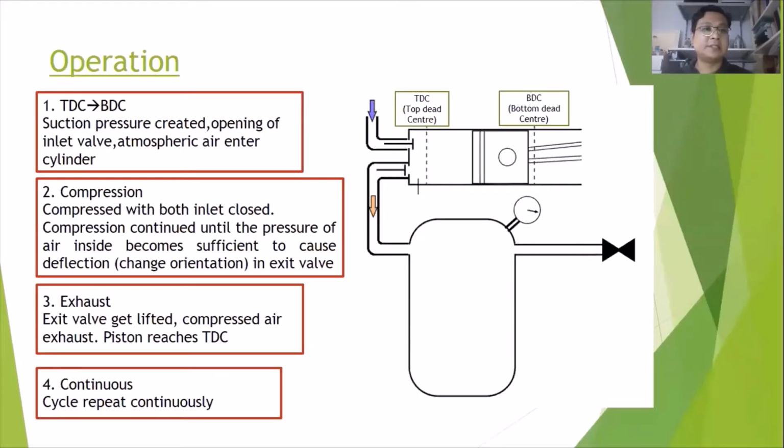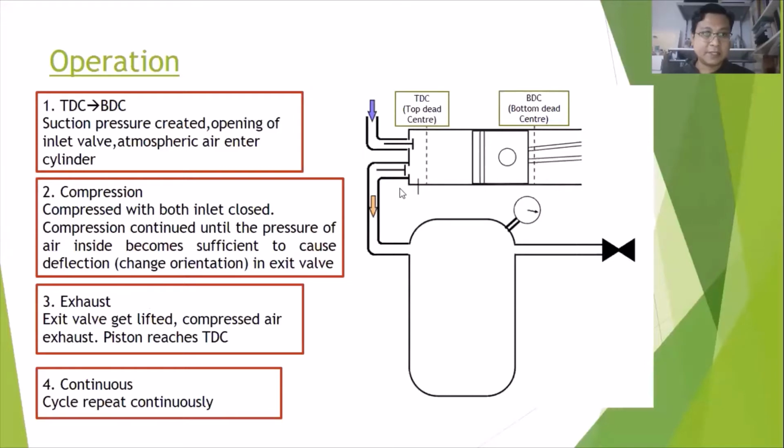This one shows the operation of the reciprocating compressor with the TDC and BDC. You can see BDC here and then TDC here, top dead center. And then this supplies the refrigerant into the tank, and the tank will store it with a certain pressure, and after that will supply it into the hatchback system.